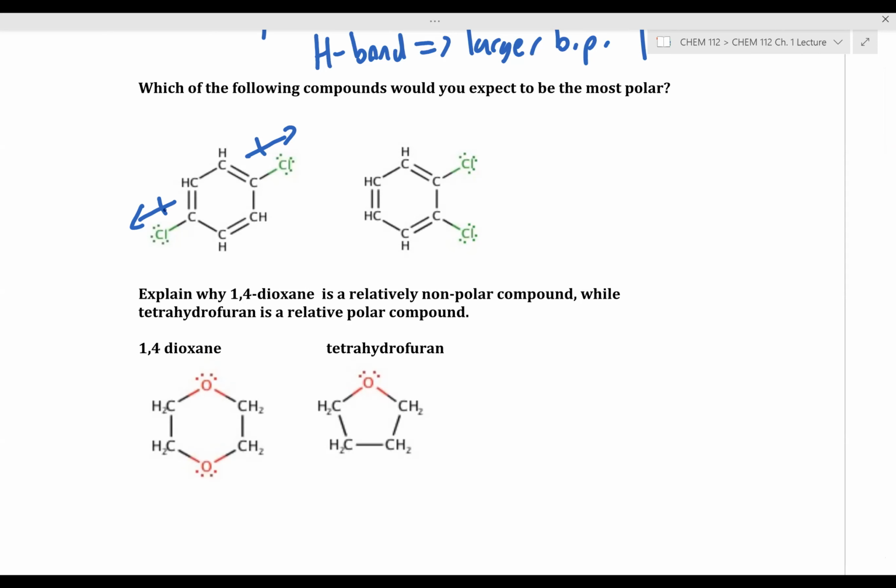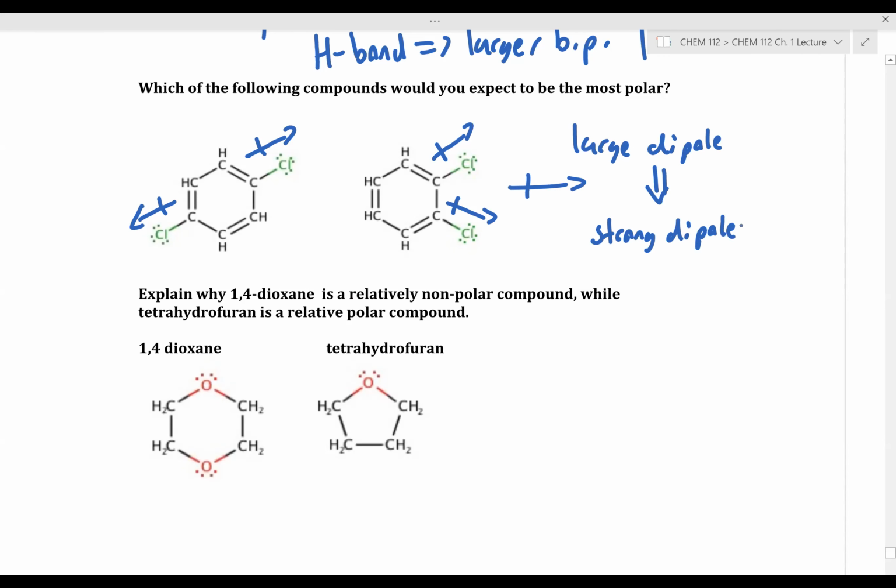No. It's not quite zero, but it's a very, very small dipole. Looking at this dichlorobenzene derivative, both of our bond dipoles are pointing in the same direction. So we have a large dipole that in turn leads to strong dipole-dipole interactions.